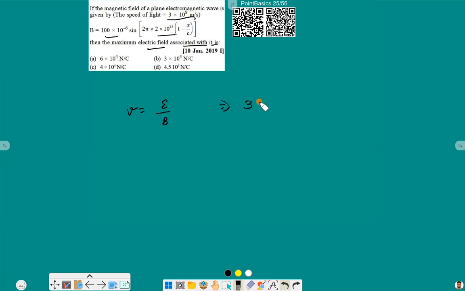So we can write 3 into 10 raised to power 8 is equal to E by B. Magnitude of B is this, that is 10 raised to power minus 4. So E is equal to 3 into 10 raised to power 4 Newton per Coulomb. That is option B for us. So option B is the right answer for this one.